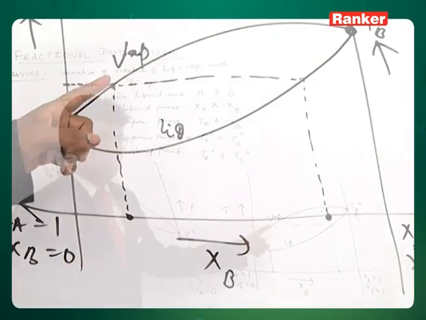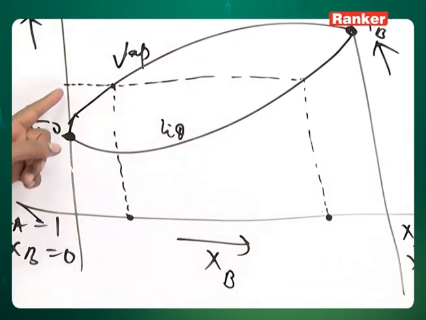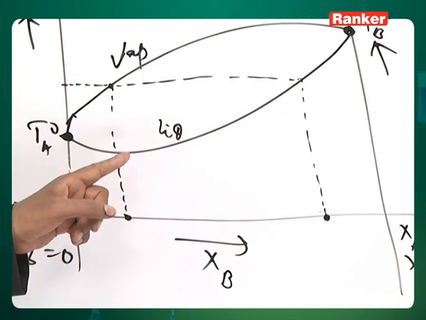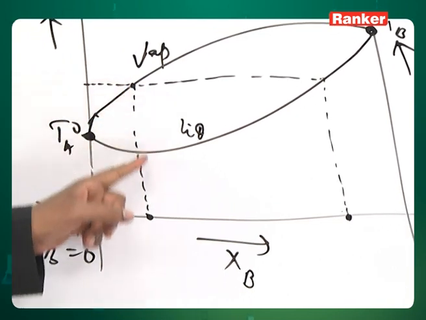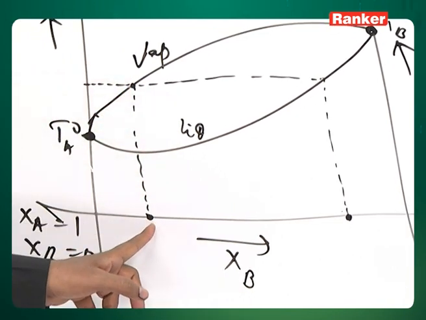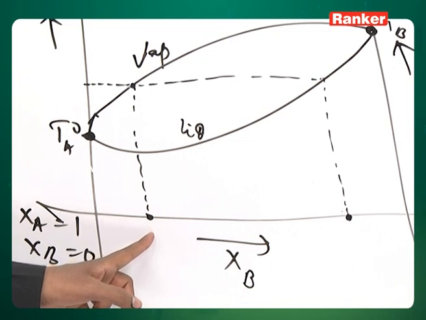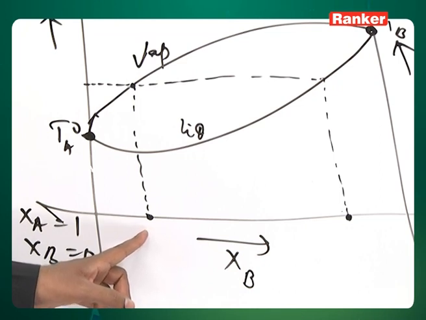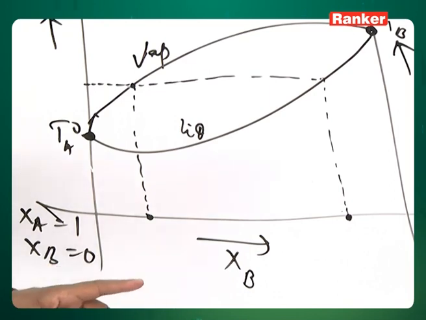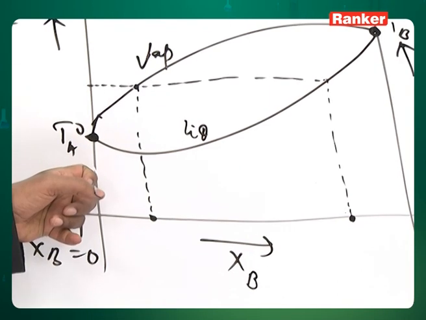Again I repeat, if you take the two intercepts at the same temperature on the two curves, then on the upper curve the intercept is over here. At this point x A is more and x B is less. So, this is a fraction with A in more composition than B. A will be in more composition than B in the vapor phase, because the boiling point of A is less.